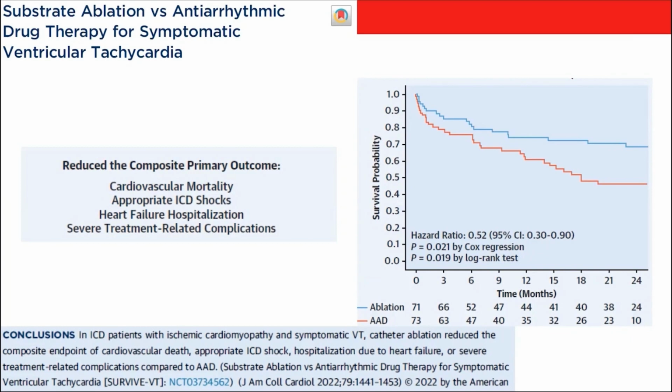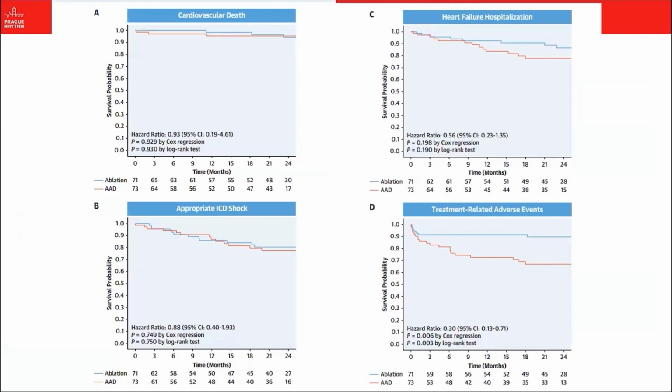Why do I think this is an interesting study? Because it actually does affect prognosis. Although cardiovascular death is seemingly unaffected, as is hospitalization for heart failure, I think that the most interesting finding of this study is described in panel D, treatment-related adverse events.